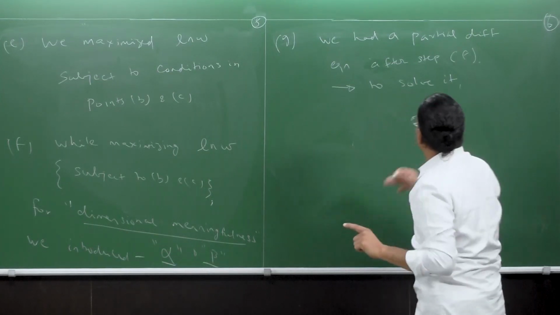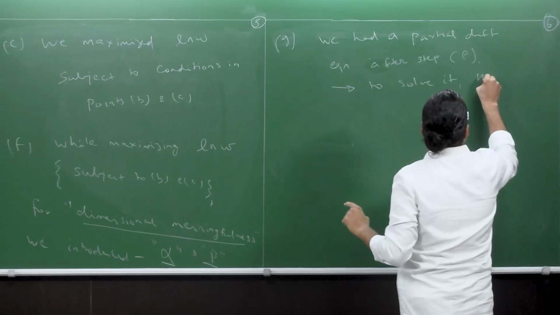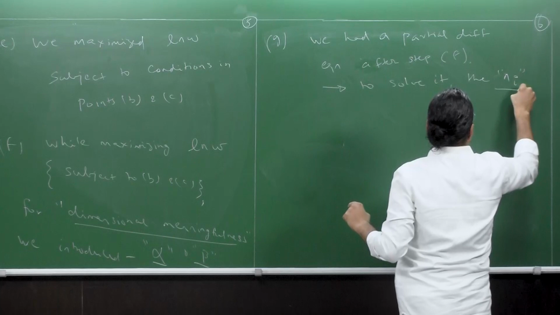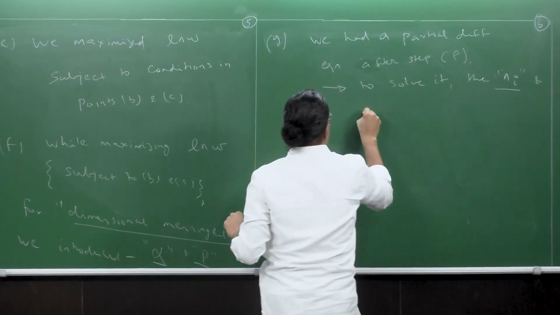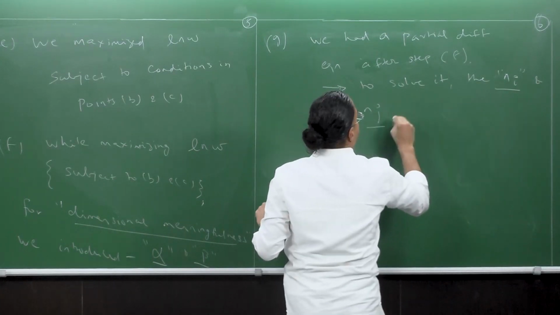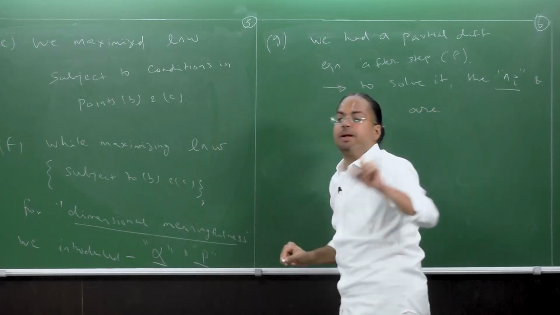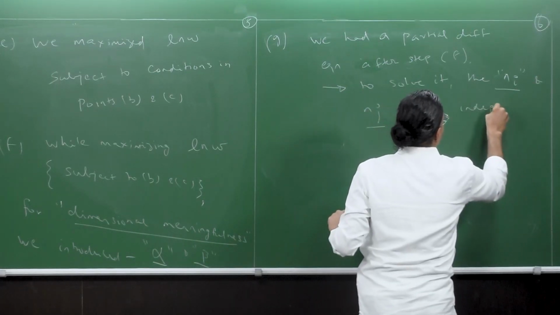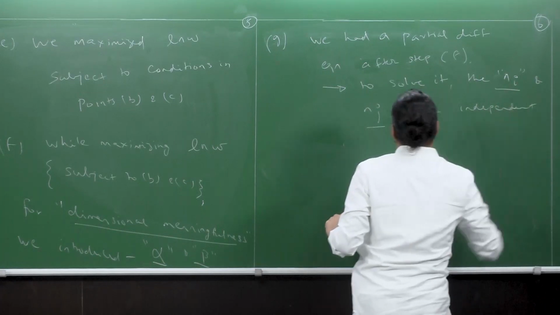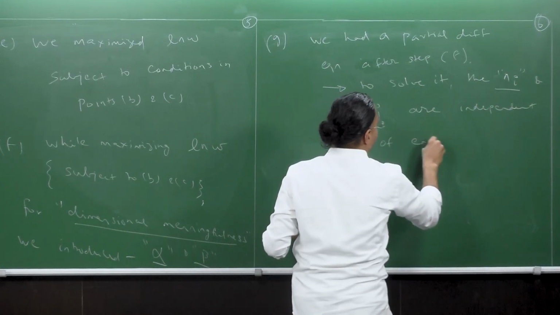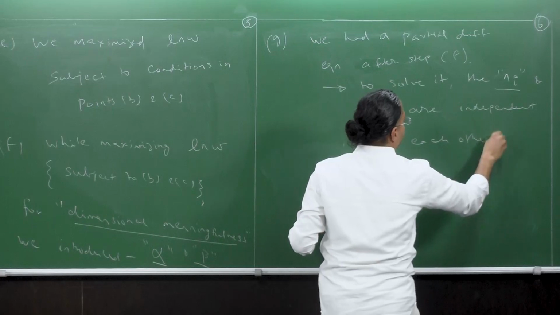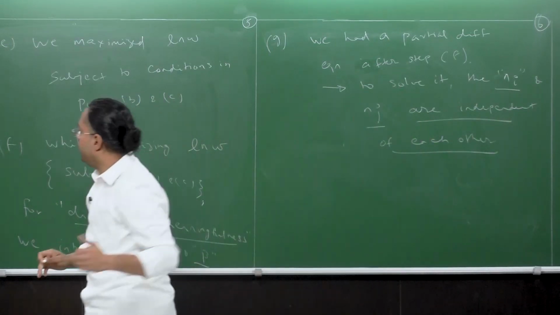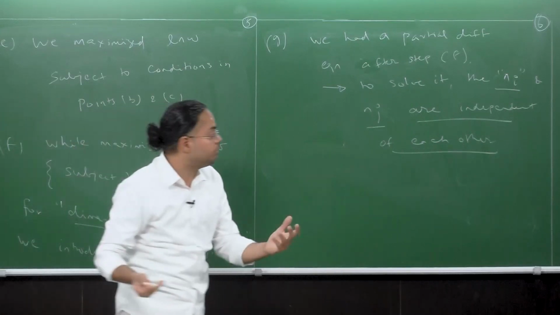The fact that we used was that the various Ni and Nj are independent from one another. So they are all independent of each other. What are the Ni's and Nj's I'm talking about?